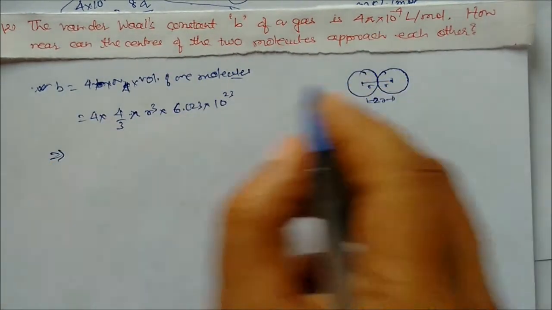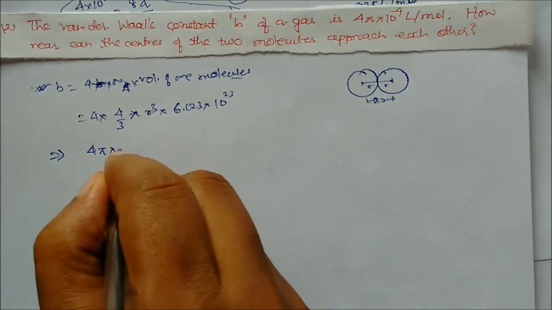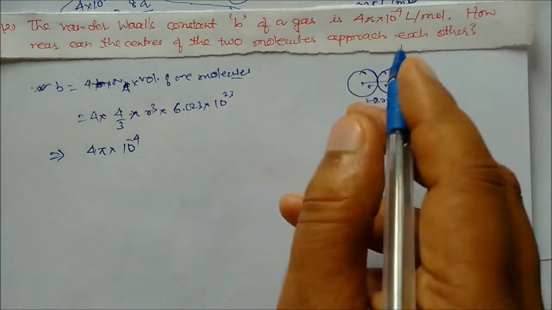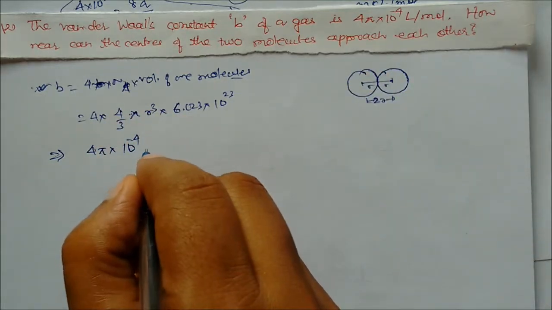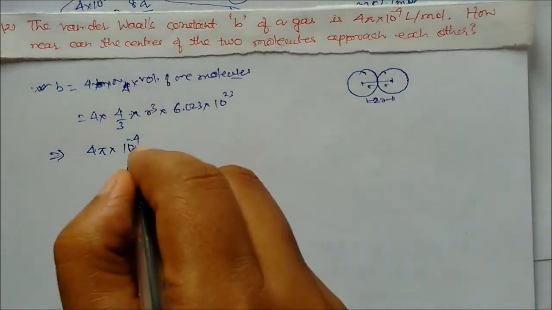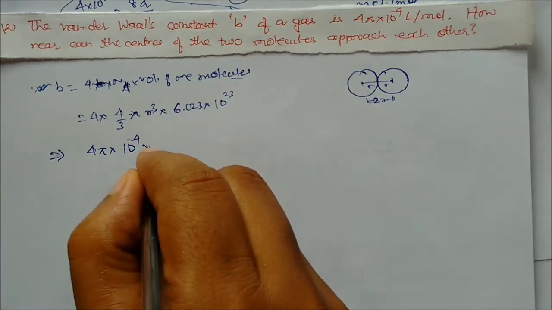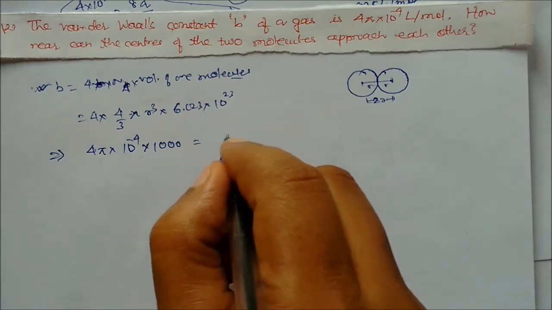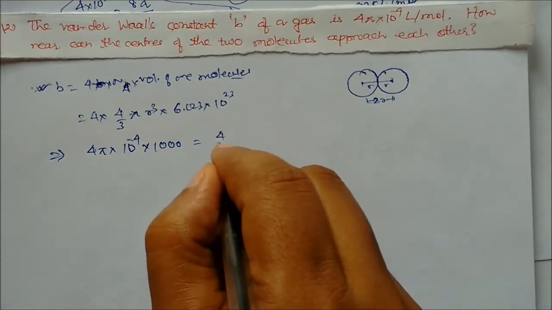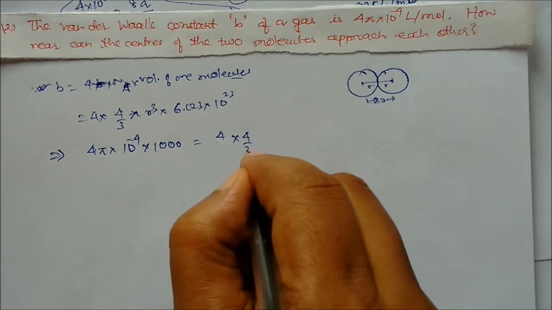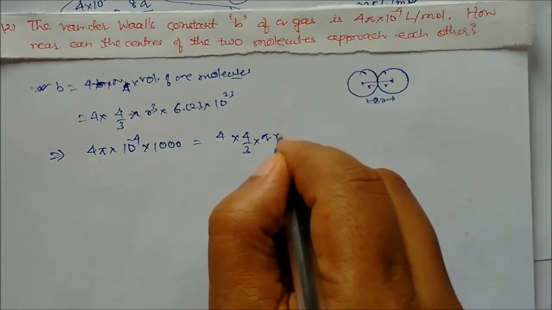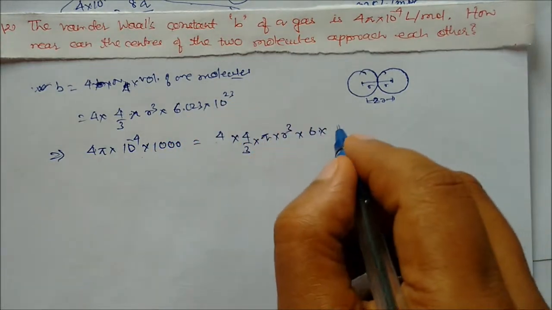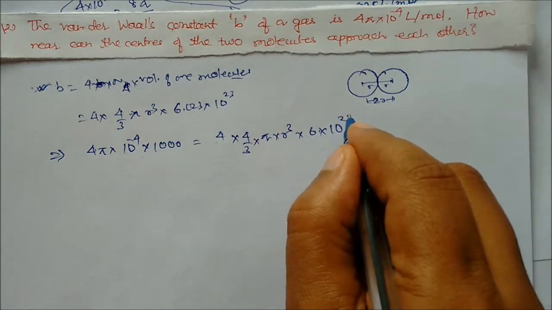This implies that 4 pi into 10 to the power minus 4 liter per mole, and per liter means we multiply by 1000, will be equal to 4 into 4 by 3 pi r cube into 6.0 (neglecting 0.03) into 10 power 23.